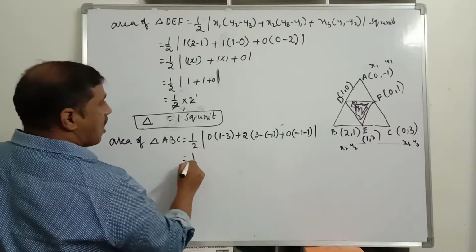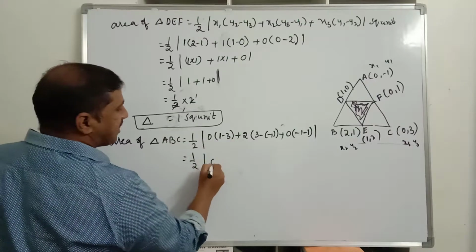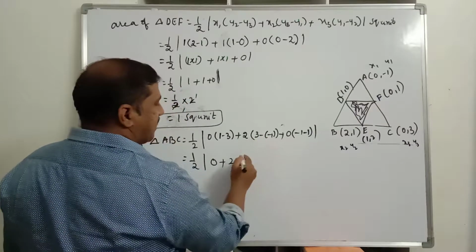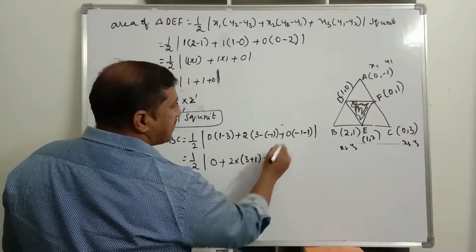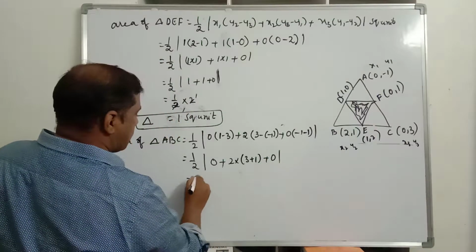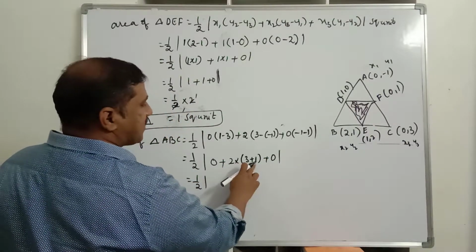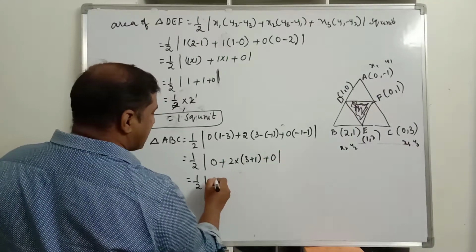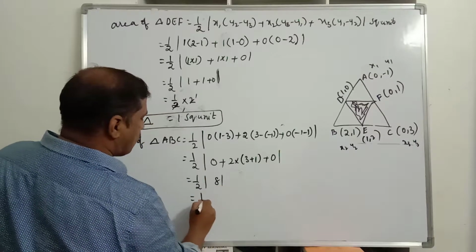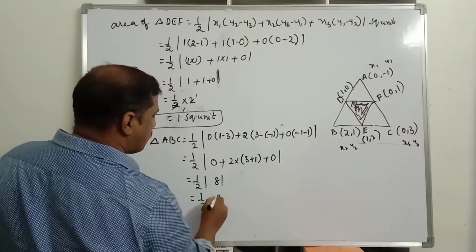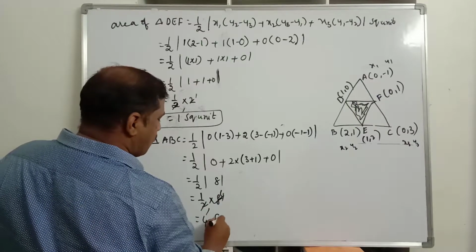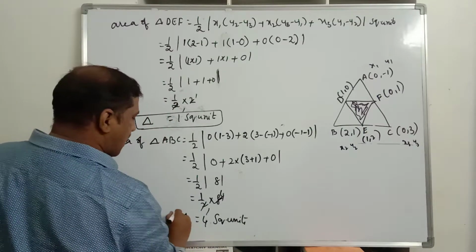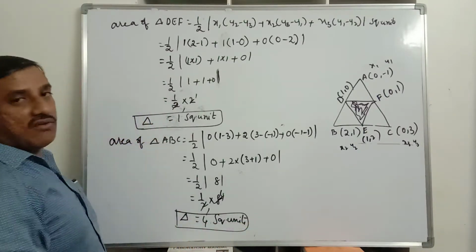That is half into modulus of 0 into anything is 0, plus 2 into (3 plus 1), plus 0 into anything is 0. That is half into 2 into 4, which is 8, so we get 1 by 2 into 8, which is 4 square units. So area of triangle ABC is equal to 4 square units.